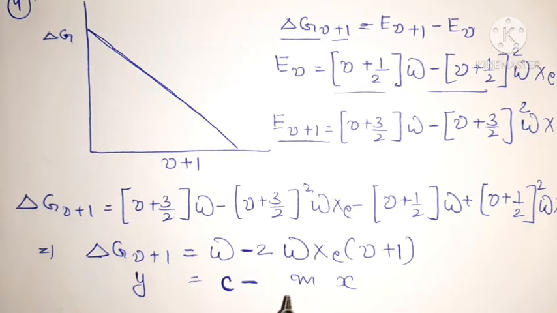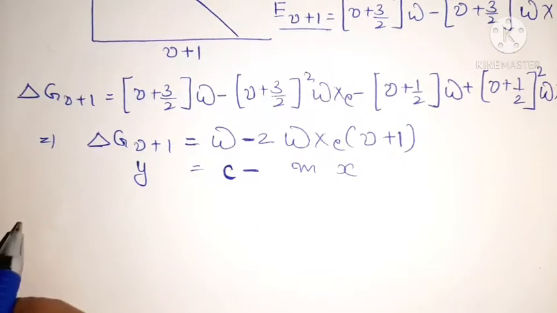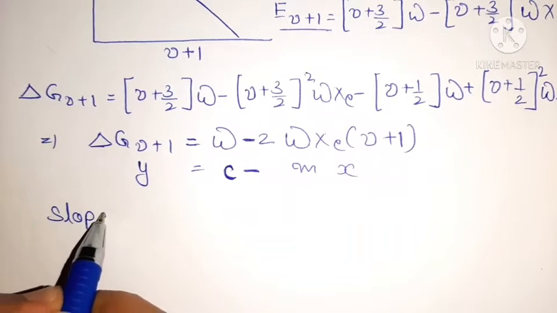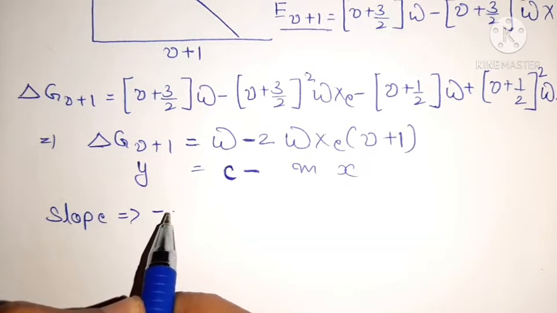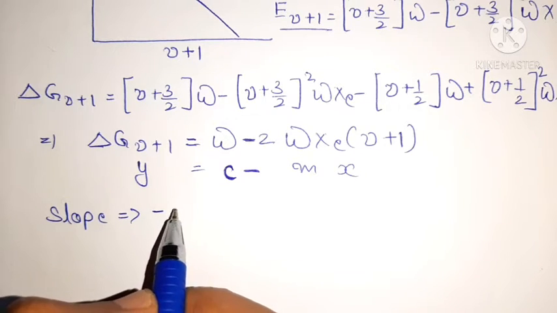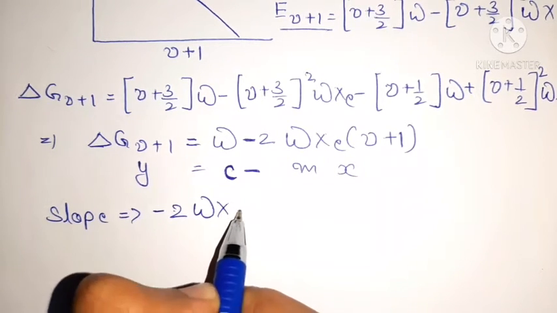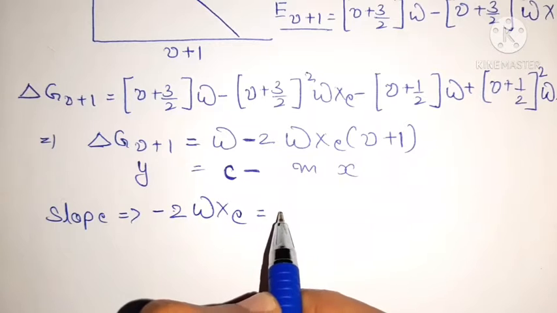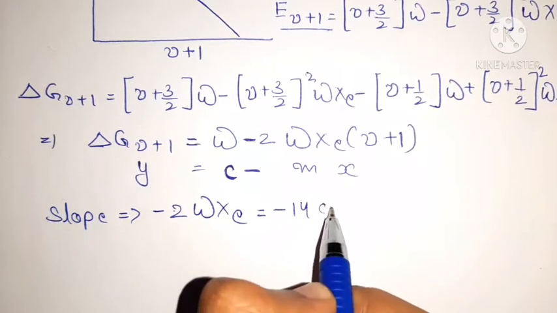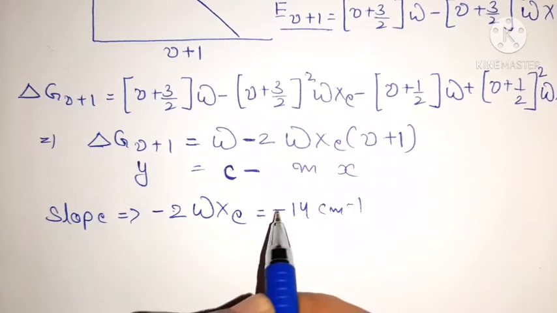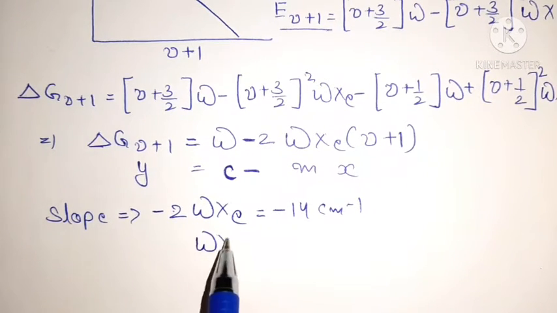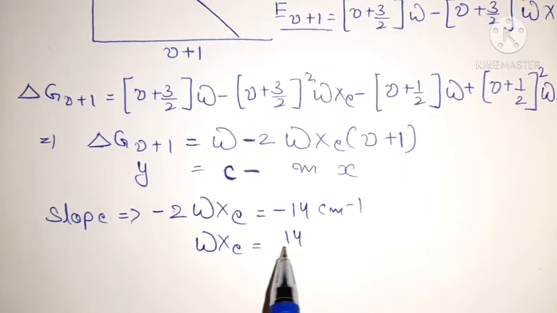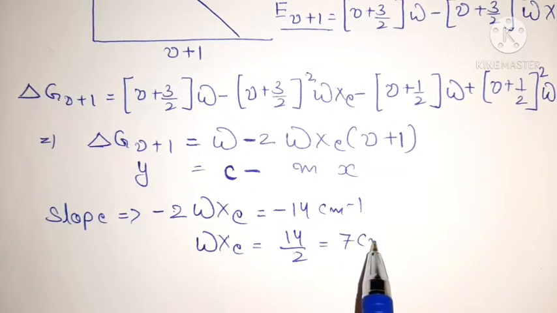So from this equation, the slope of the graph will be equal to minus 2 omega xe, and according to your question it will be minus 14 centimeter inverse. So this minus will be cancelled out by this minus. So the value of omega xe is equal to 14 by 2, which is 7 centimeter inverse.